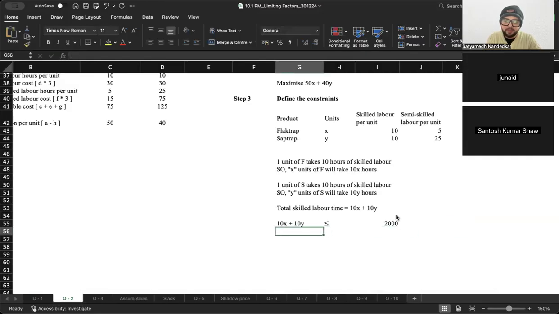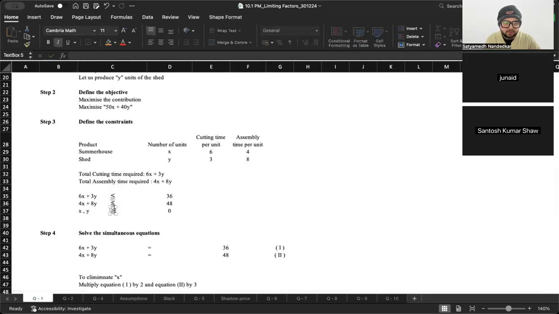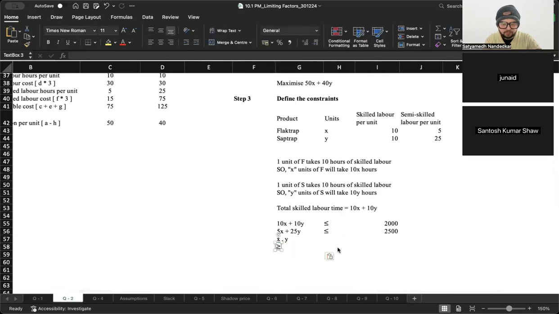Second constraint would be 5x plus 25y less than or equal to 2500. X and Y are units of a product, so X and Y both have to be greater than or equal to 0.